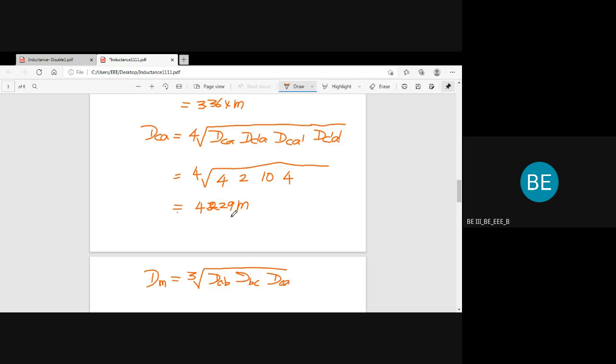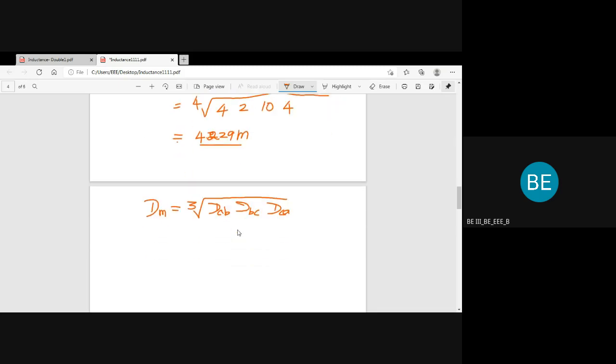So DAB and DBC value is 3.364, and DCA value is 4.229. So once we have these, we can find dm. So the value for dm will be 3.63 meter.